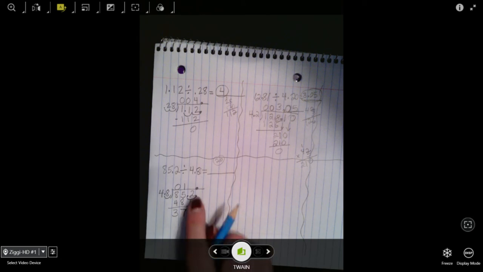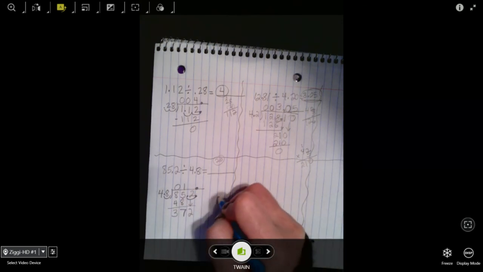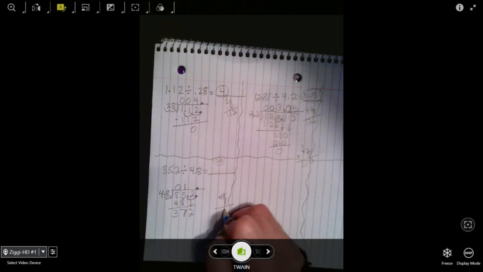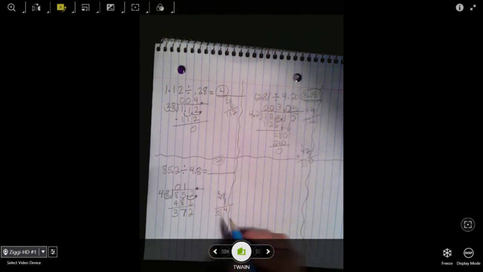I'm going to think that this is going to be maybe a 9 or an 8. I'm going to try 8. So 48 times 8. Maybe even 7. Let's try the 8 first. 8 times 4 is 32, plus 6, that's 38. Ooh, that's too big, 384.